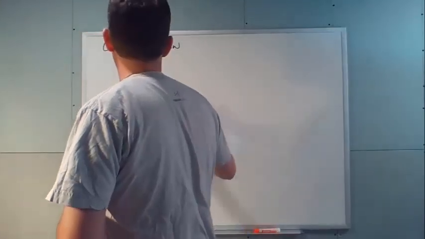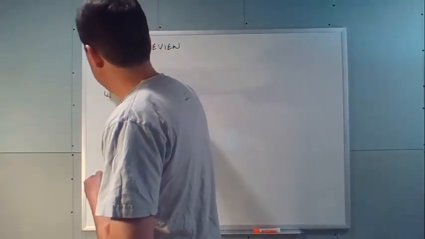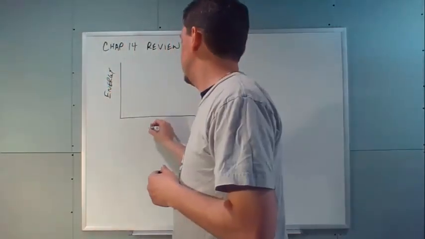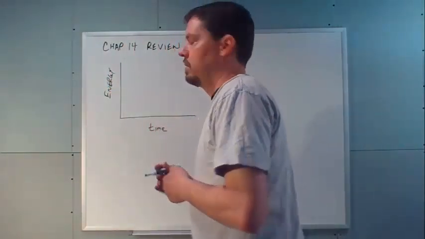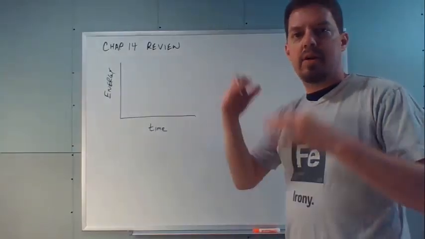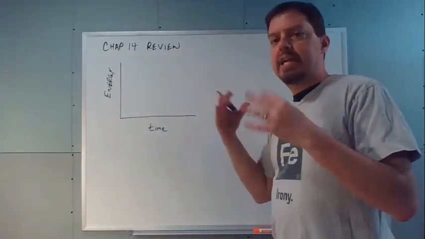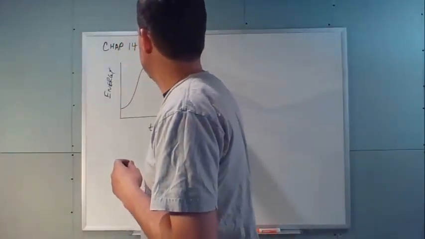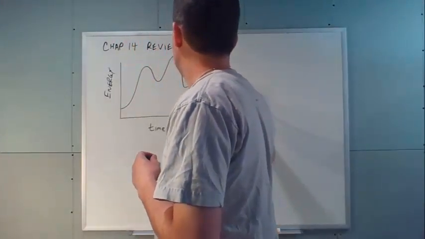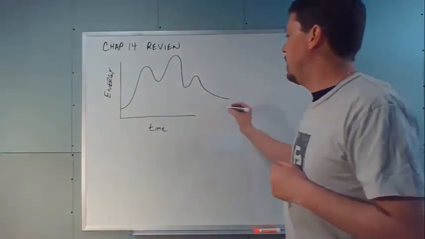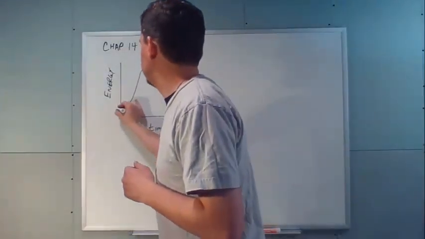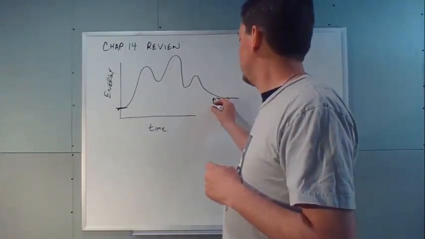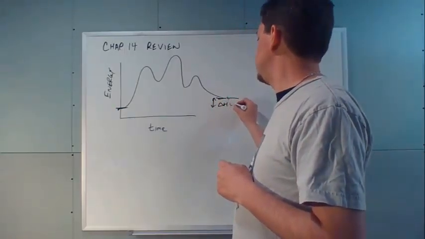So when we look, we can talk about our energy on the Y and time on the X, and we can look at our energy changes as the reaction occurs. And we can get something that looks like this. Right, so now we know that we're starting here and we're ending here. And that's higher by a little bit, so we know that our delta H equals a positive.